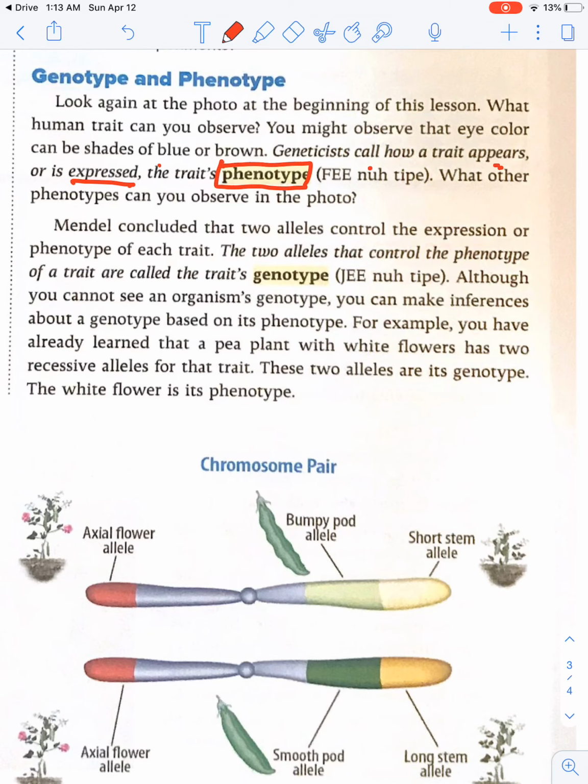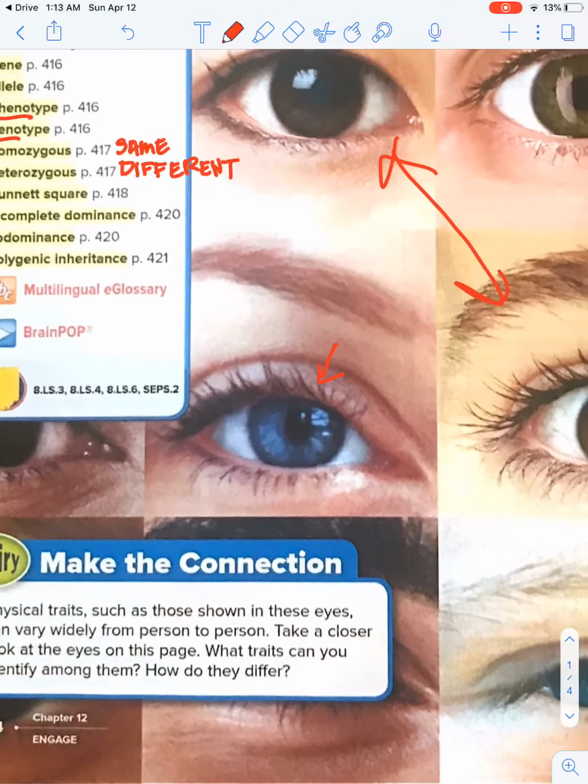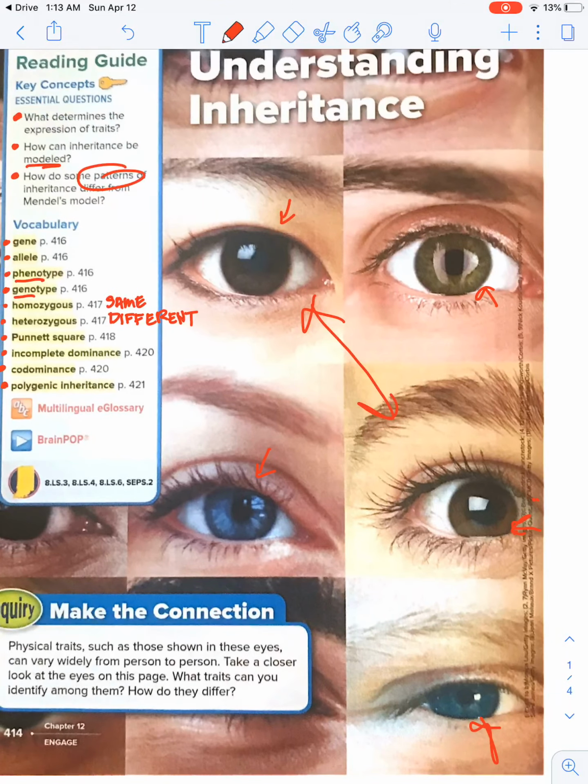What other phenotypes can you observe in the photo? Well, let's go back to the photo, because we observed not just eye color, but also there's no lip above the eye here, where there's a much larger one here.